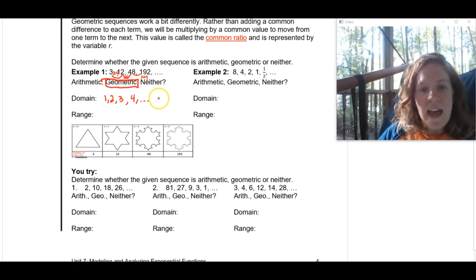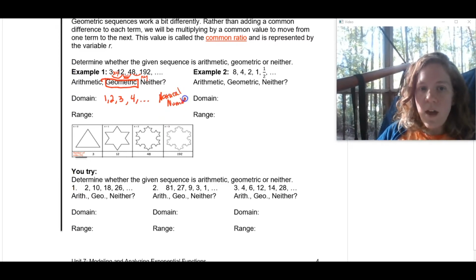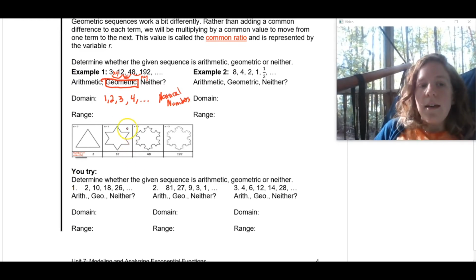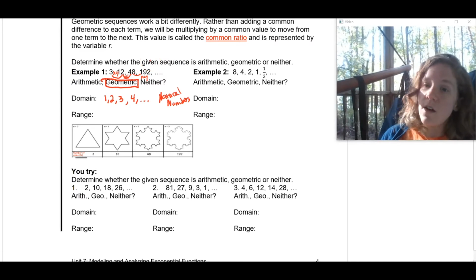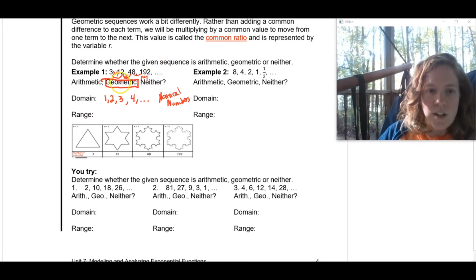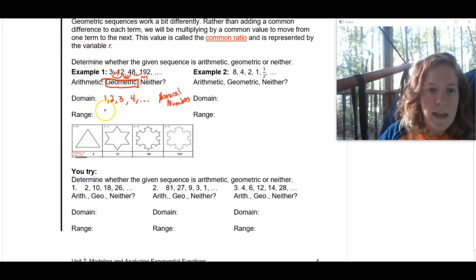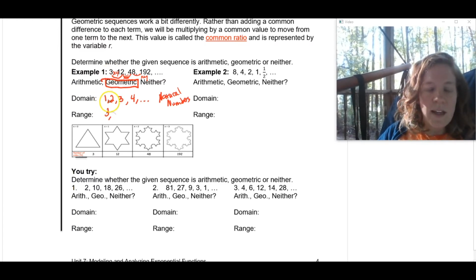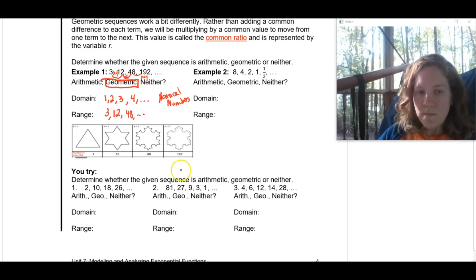Another way you could say that is it is just your natural numbers. That is always going to be the domain of a sequence. Your range is just your sequence, because your outputs are your range, just like they are in a normal function. Here, my range is not going to be all real numbers. My range is going to be this 3 that I get when I plug in 1, this 12 that I get when I plug in 2, and 48, and so on.